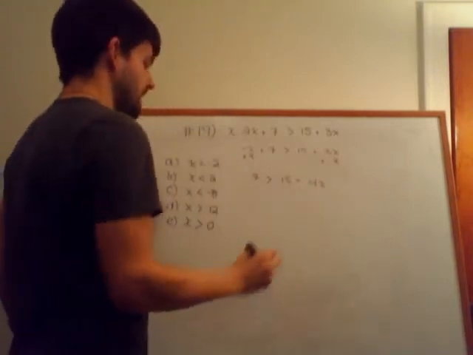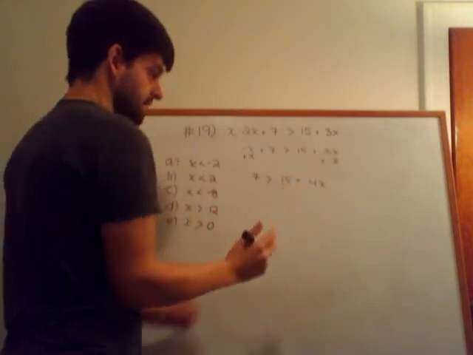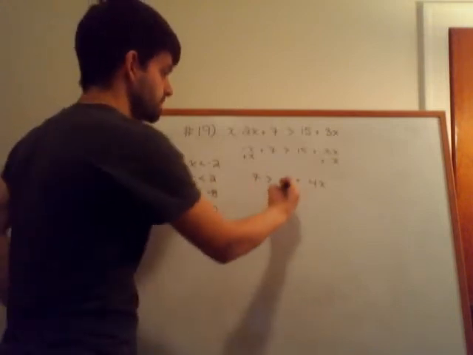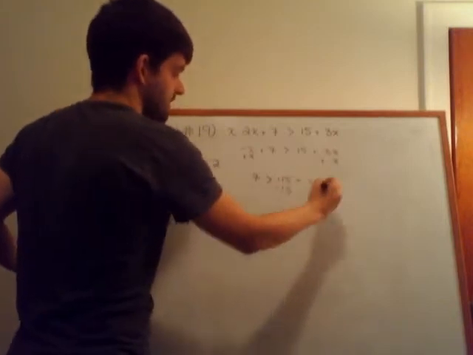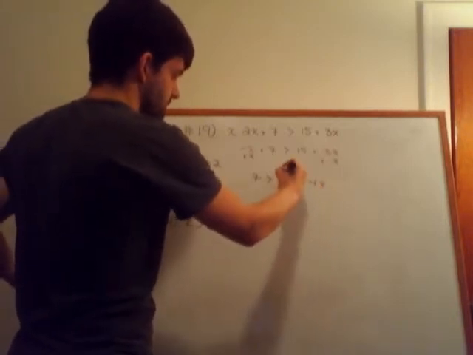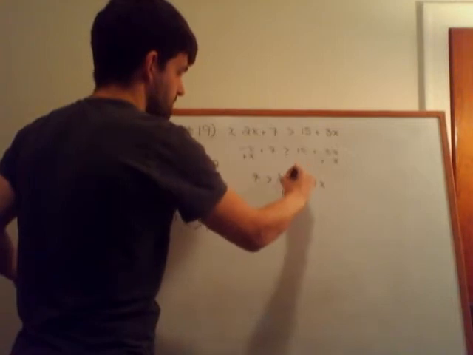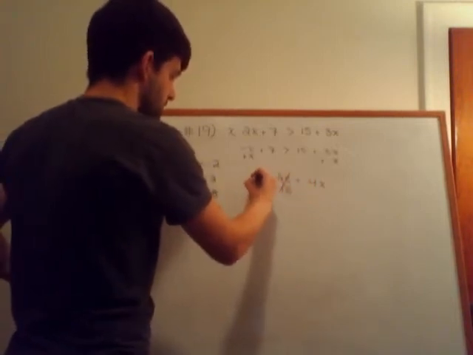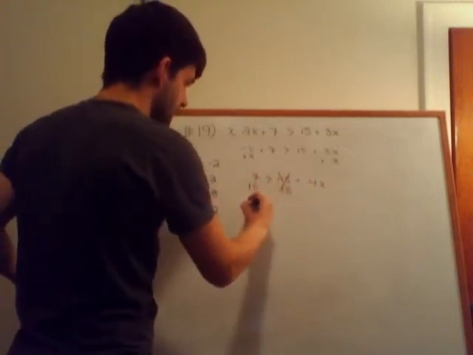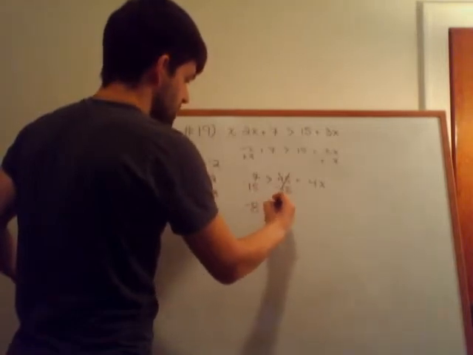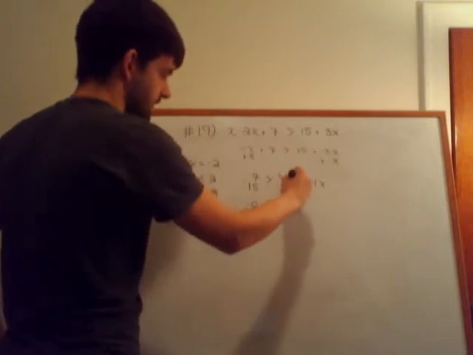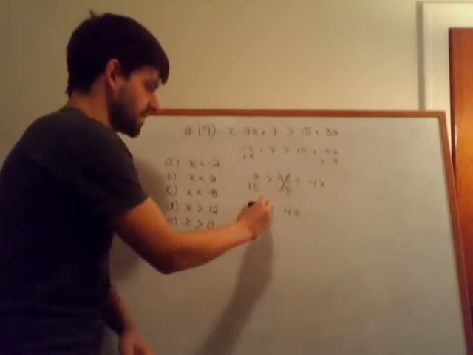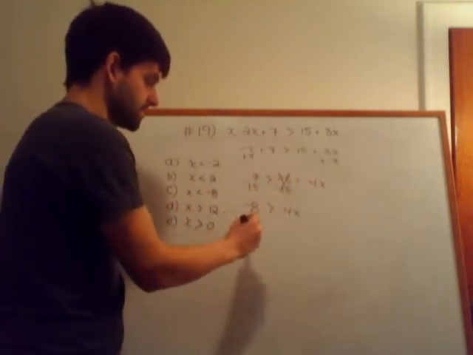Okay. Now I'm going to subtract 15 from both sides, and again this is going to allow me to isolate x further, because 15 minus 15 is 0. 7 minus 15 is a negative 8. So now I have that 4x, because this is going to cancel, is less than negative 8.